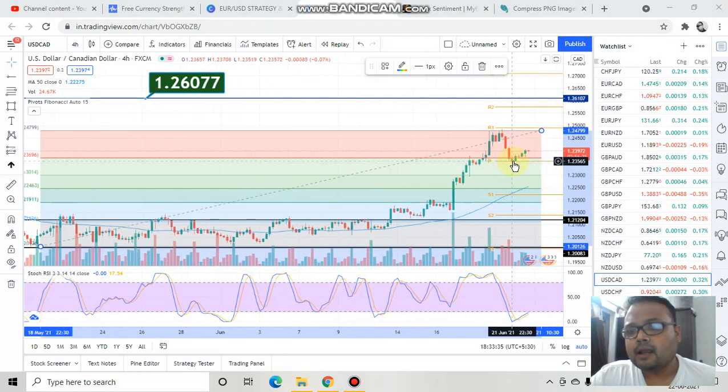Yes, right now the market is in a very lucrative position to go for a buy order, because all these factors are indicating that the US dollar will be going up right now.